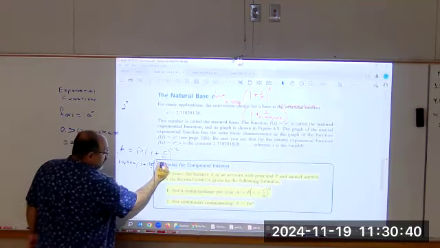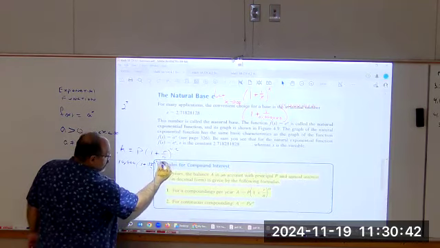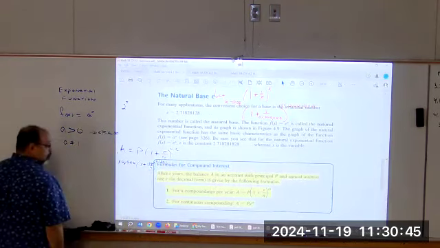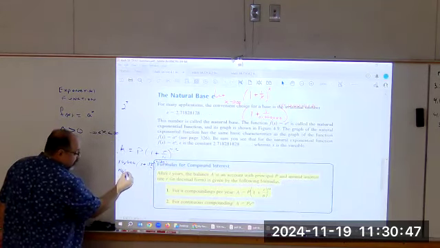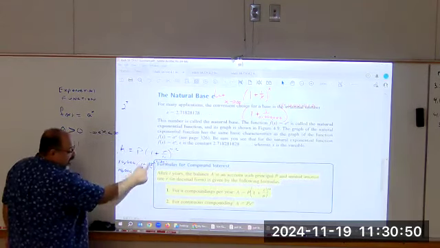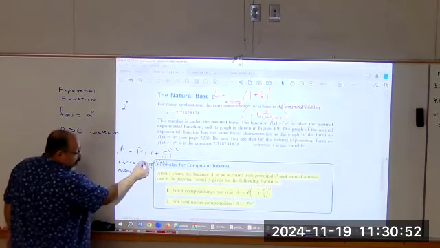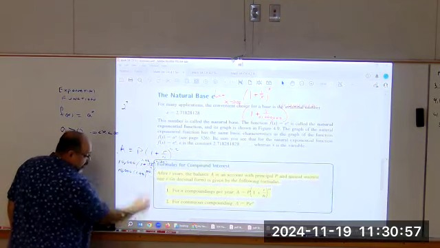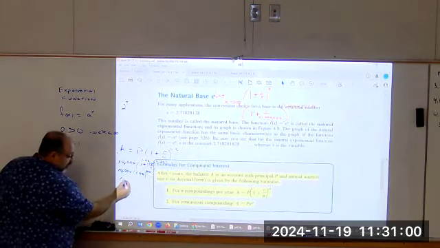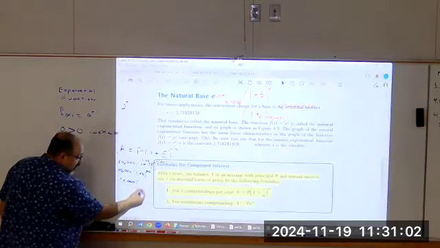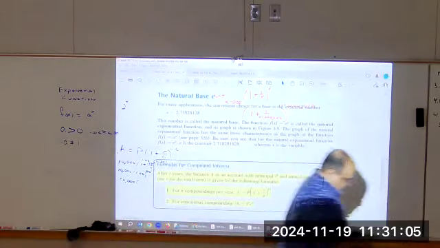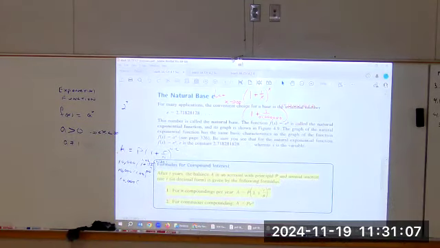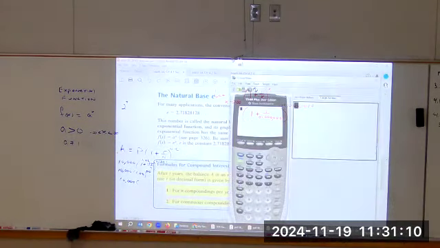So that would be 4 times 20 years, so this would be 10,000 times 1 plus 0.08 divided by 4, which is 0.02, so 1.02 to the 80th power. So that's 10,000 times 1.02 to the 80th.